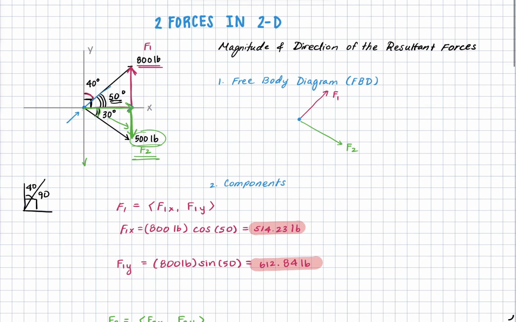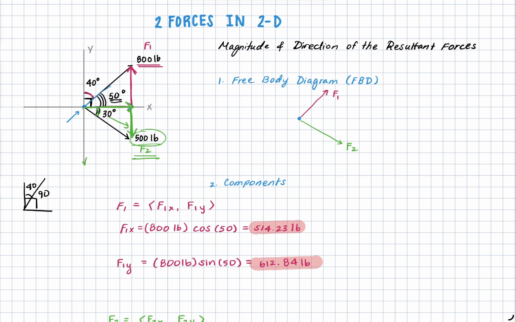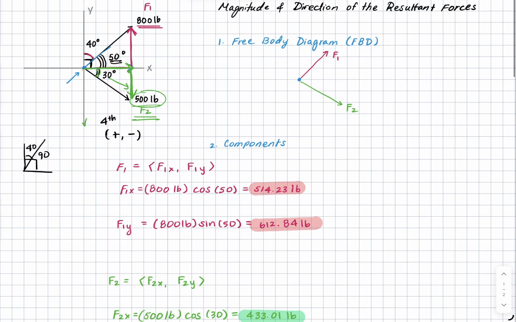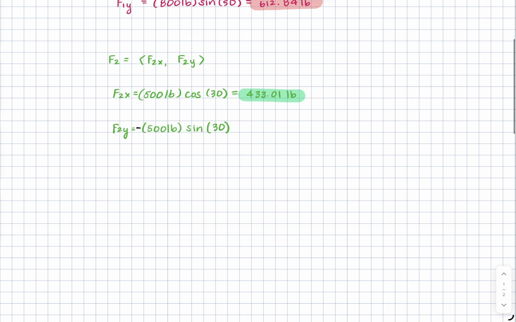Remember how I said that our force 2 is in the fourth quadrant. The x value is positive and the y value is negative. So to account for this, we're going to put a negative sign right over here. And when we calculate negative 500 times sine of 30, we're going to get negative 250, so minus 250 pounds.